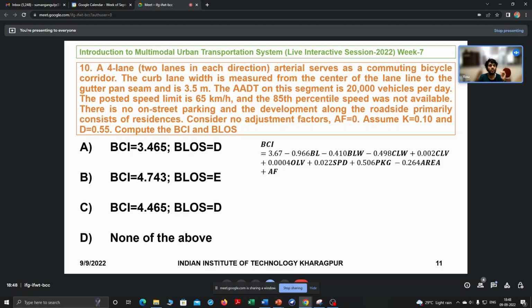The rest won't travel faster than 80; they will be below it. So it cannot be 0. Even if you have 2 vehicles, you still have an 85th percentile speed. So just think logically. It is not that it is 0 because it is not given. I hope I am able to clarify why it is not 0.